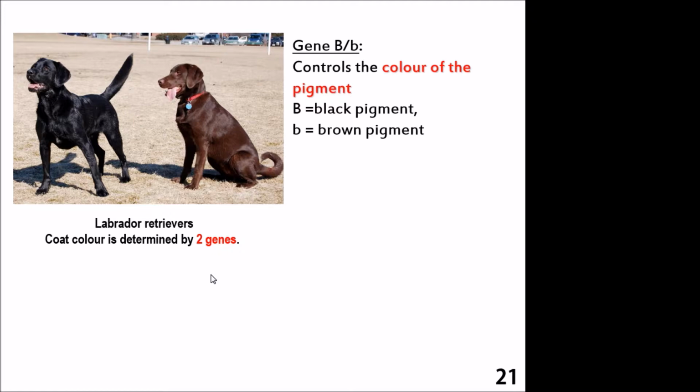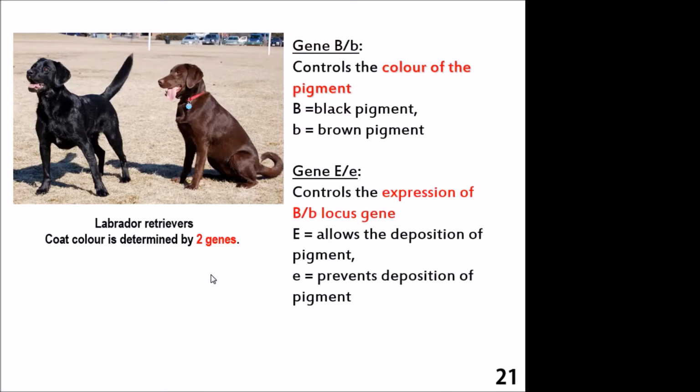The gene locus B controls the color of the pigment. If a dog has one big B, it will be a black dog. It has black pigment. If it has small b, it will make brown pigment. Sounds easy, straightforward. Unfortunately, because there's another gene that influences the expression of locus B, the gene locus E is going to affect what you finally see.